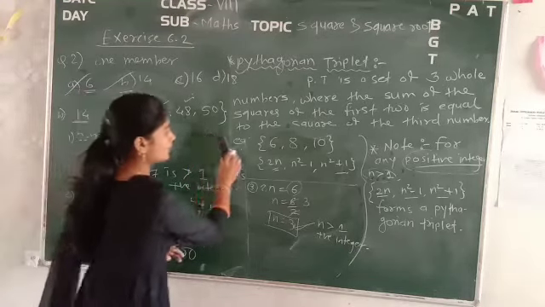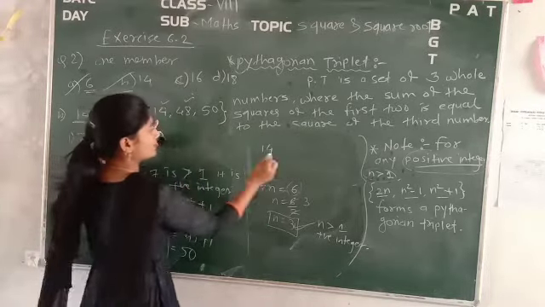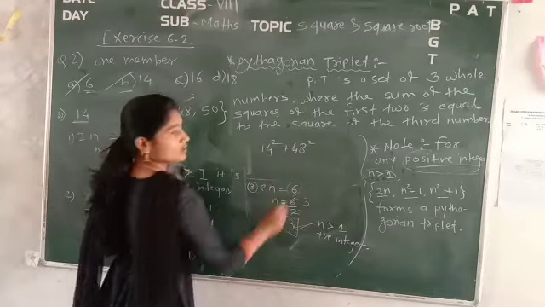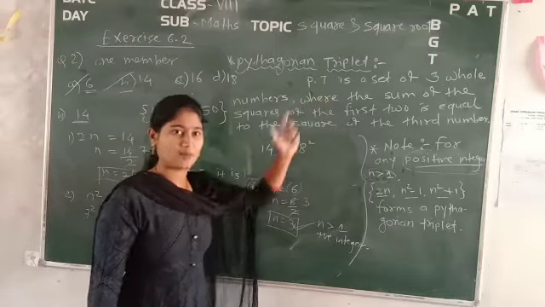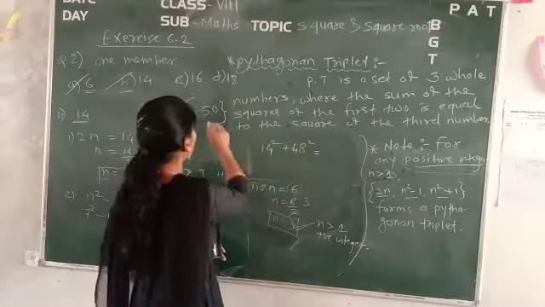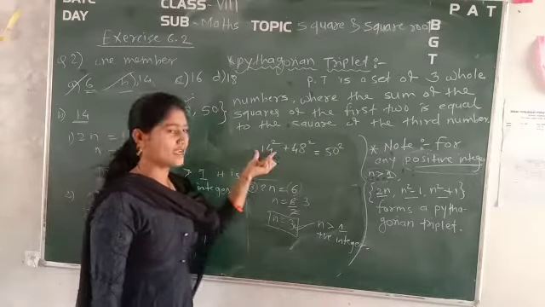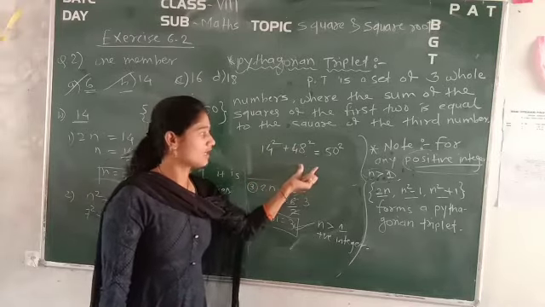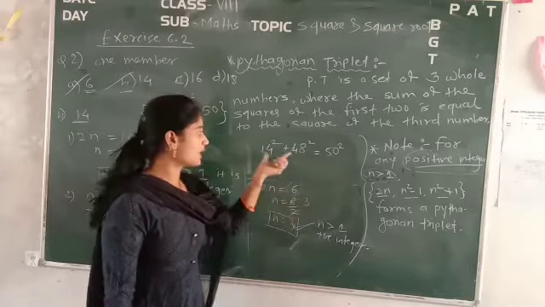That I will do shortly here. See, what do you have to do? The first member and the second member; the second member is 48. You have to square both of them and add them, because we said so in the property, and it should be equal to the square of the third number. Okay, now what do you have to do? Find the square of 14, write it down here. Find the square of 48, write it down here. Find the square of 50, write it down here, and do the addition of the first two. Just keep it as it is, no need to do the addition.